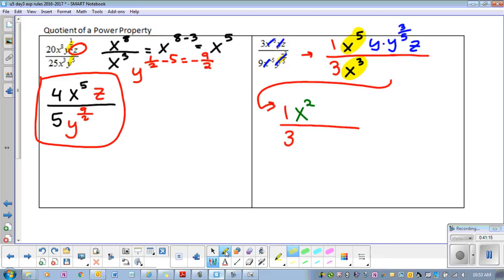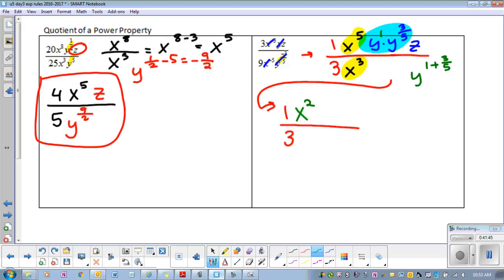Now, what about my y's? Look at this, guys. My y's are on the same side. They're multiplying. This is a y to the first times y to the 3/5. What do you do with those exponents when they're multiplying? Add them. Good. That was the first rule that we looked at, right? So y to the first plus the 3/5.